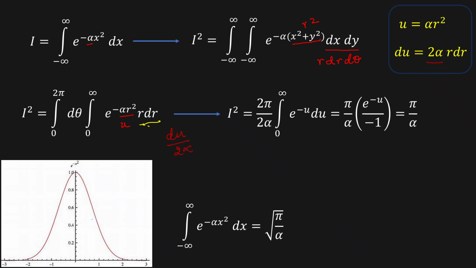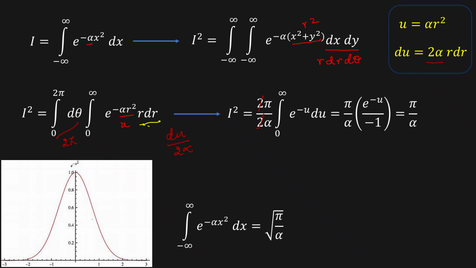So this is 2 pi. I am replacing this by 2 pi, and here du, 1 over 2 alpha. 1 over 2 alpha I am bringing outside, as alpha is a constant. So this will become e power minus u du. Here 2 will get cancelled.